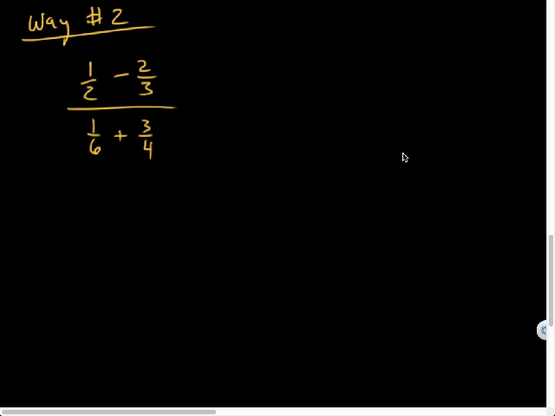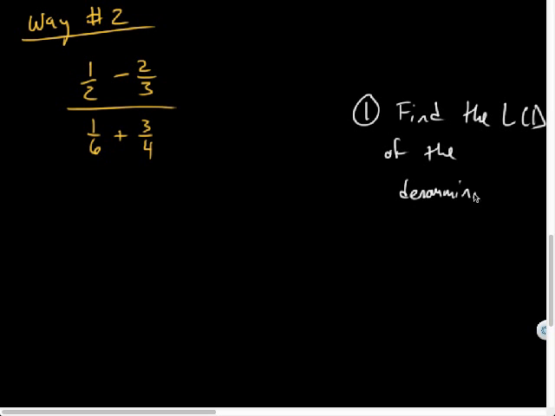And what I'm going to do this time is, step 1, find the LCD of the, ready, wait for it, denominators. Okay? Emphasis on the many. So instead of finding 2 separate LCDs, I'm going to target all of them.